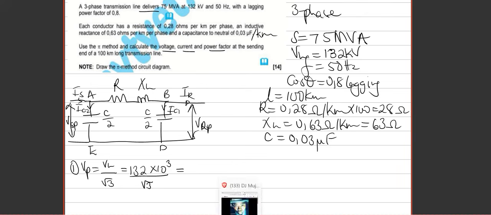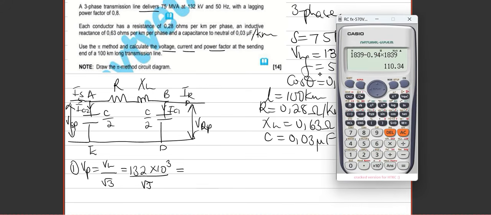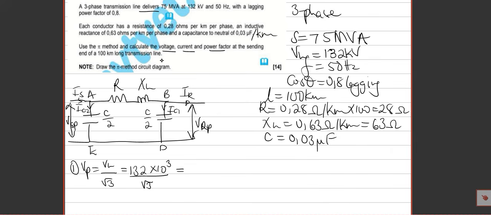Let's see, what do we have? 132 times 10 to the power 3 over root 3. We have 76210,236 volts.